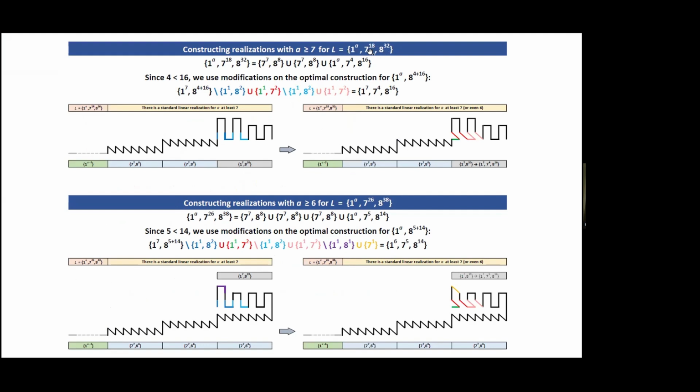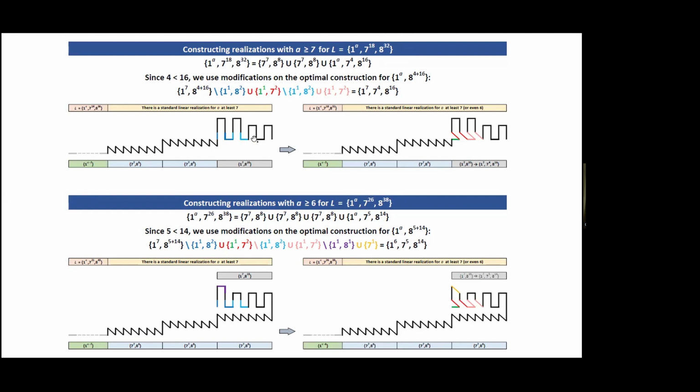We want 18 copies of 7s and 32 steps of size 8. And we're trying to figure out, how few ones can I use in this case? Well, I already know that I don't need to worry about these big numbers because I have these perfect realizations of 7 copies of 7 and 8 copies of 8. So that already reduces what I need to look at to only 4 copies of 7 and 16 copies of 8. So those mean that I can focus on this picture.